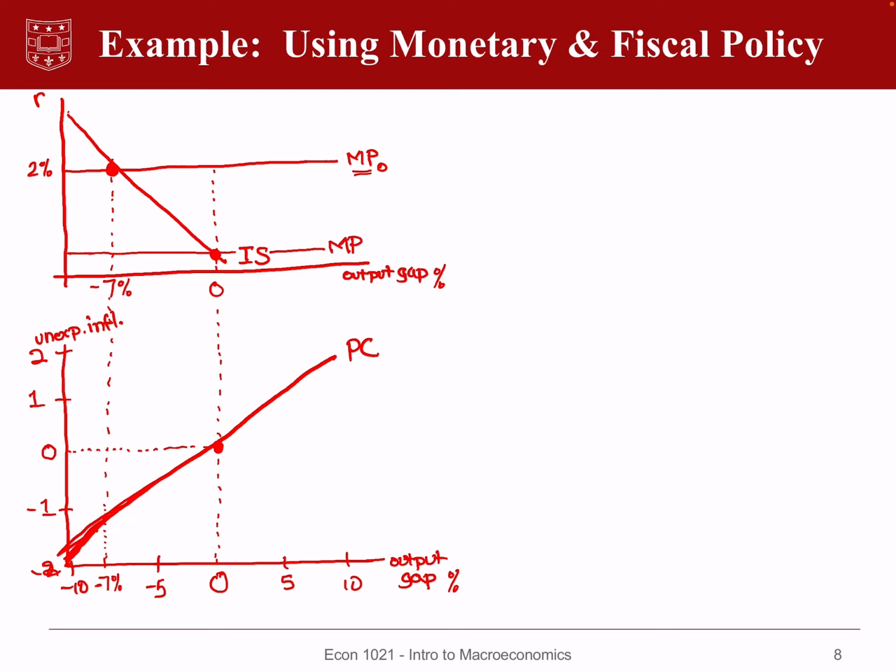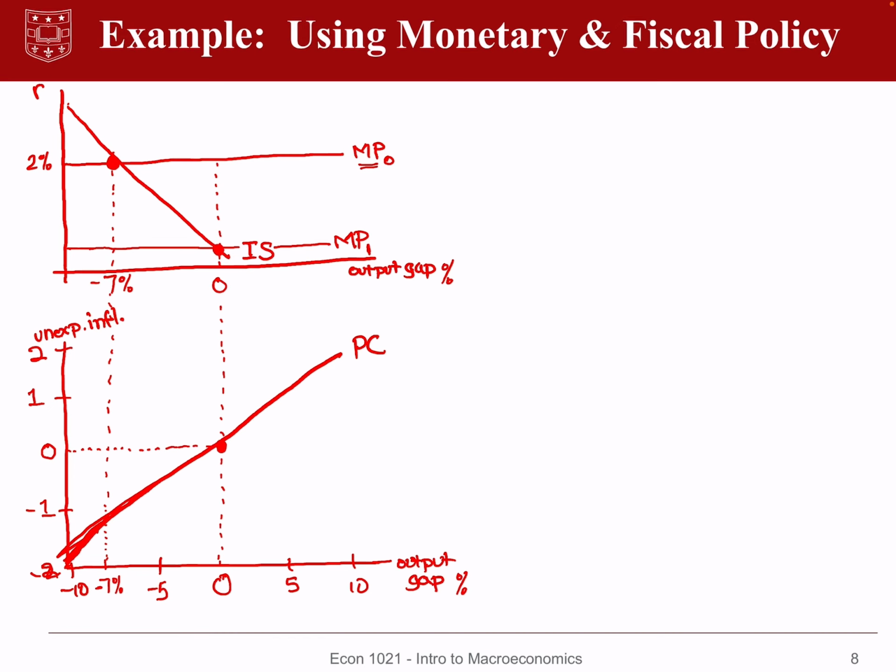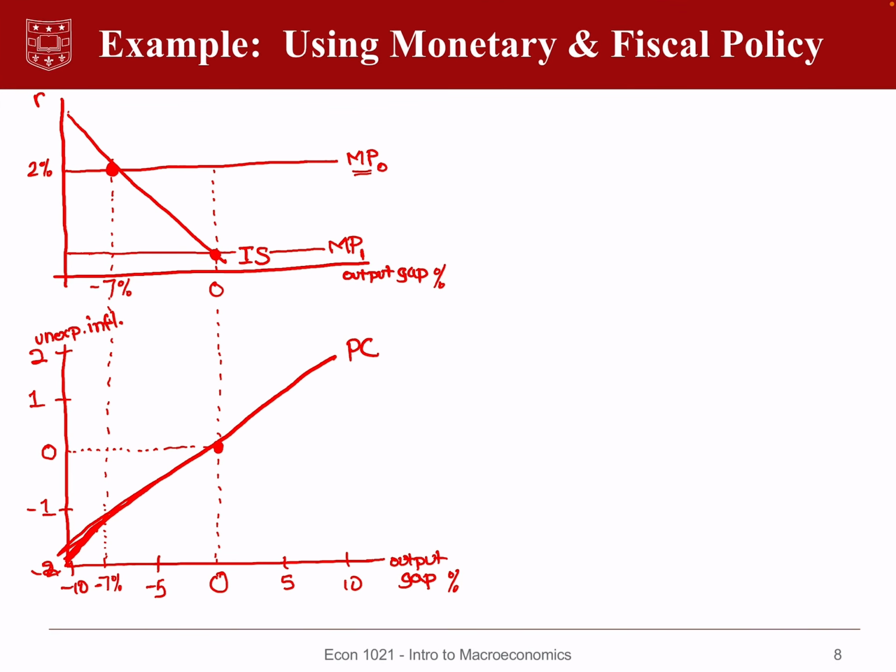If this is our initial MP curve, this is our new lower one at, say, I don't know, let me eyeball this, maybe 0.25. So the Fed would have to cut its target for the Fed funds rate such that, when combined with the risk premium, the underlying real interest rate would be, say, 0.25.